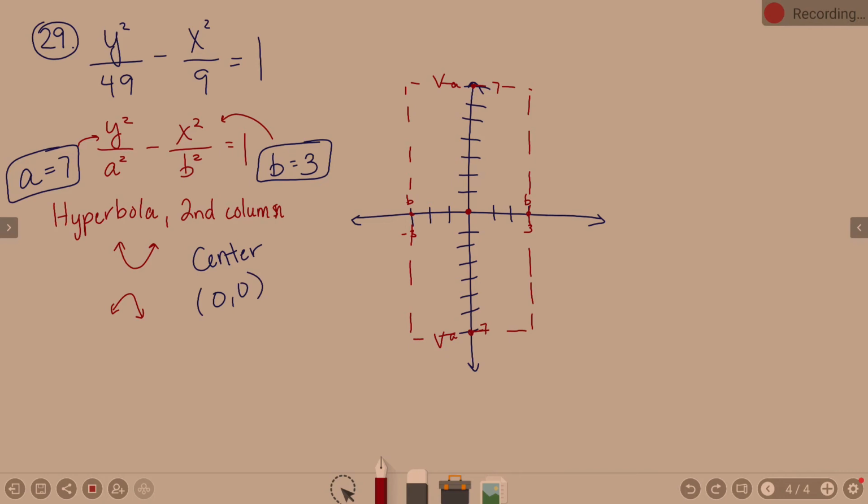And what's the purpose of this rectangle? It's going to provide me the box to make my asymptotes. Asymptotes, take your time. I like to start my asymptotes in the center, just because it's the only way I personally can line it up. But your asymptotes are supposed to go through the center and the diagonal corners.